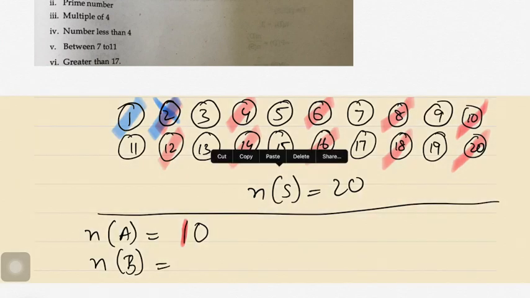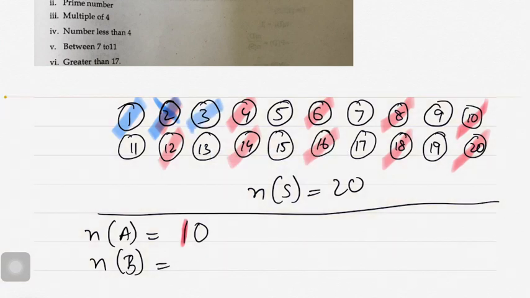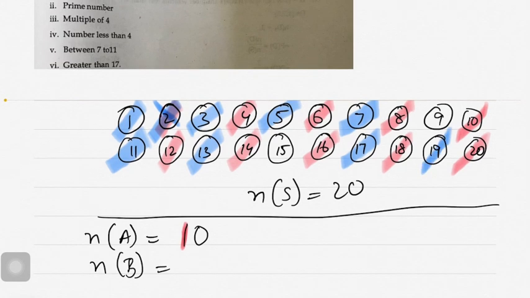So 1 is a prime number, 2 is a prime number, 3 is a prime number, 4 is not a prime number, 5 is a prime number, 6 is not a prime number, 7 is a prime number, 8, 9, 10 is not a prime number, 11 is a prime number, right? 12 is not a prime number, 13 is a prime number, then 14, 15, 16 are divisible, 17 is a prime number, 18 is divisible, and 19.